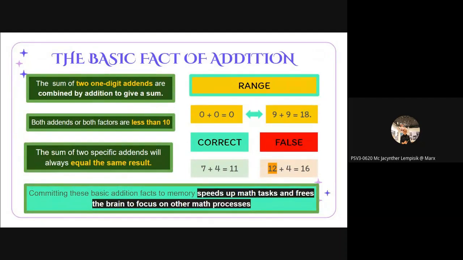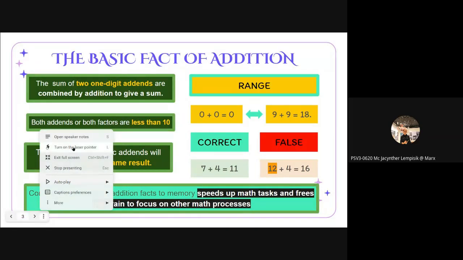Okay? So next we're going to see the range of the basic fact of addition. The basic fact of addition will start from 0 plus 0 equals 0 until 9 plus 9 equals 18. So we're going to see the correct equation and the false equation. First, we see 7 plus 4 equals 11. Why is it correct?